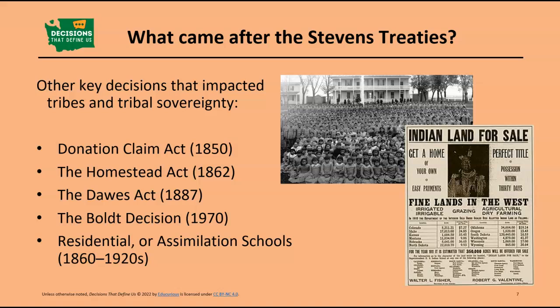We've started educating people, right? We've moved in some of the folks that we promised. We're paying the annuities and so forth and so on. Okay. And we decide, by we, I really mean the U.S. government, decides it's time to go ahead and start splitting up those reservations. And that's what the Dawes Act does.